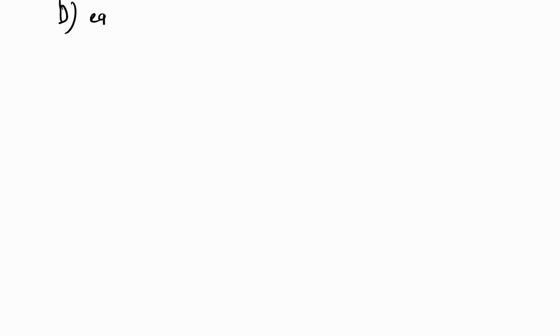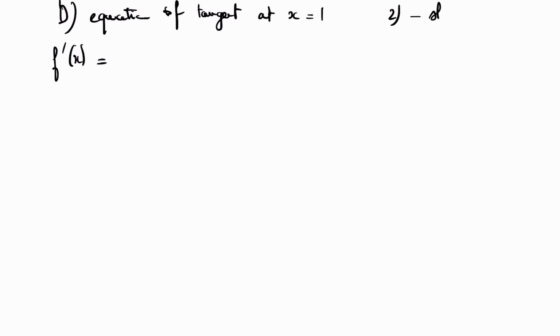Now, question B. What is the equation of the tangent to the graph at x equals 1? Okay, so the derivative. For the tangent we need two things. We need the slope, for which we'll need the derivative, and then we need the point.